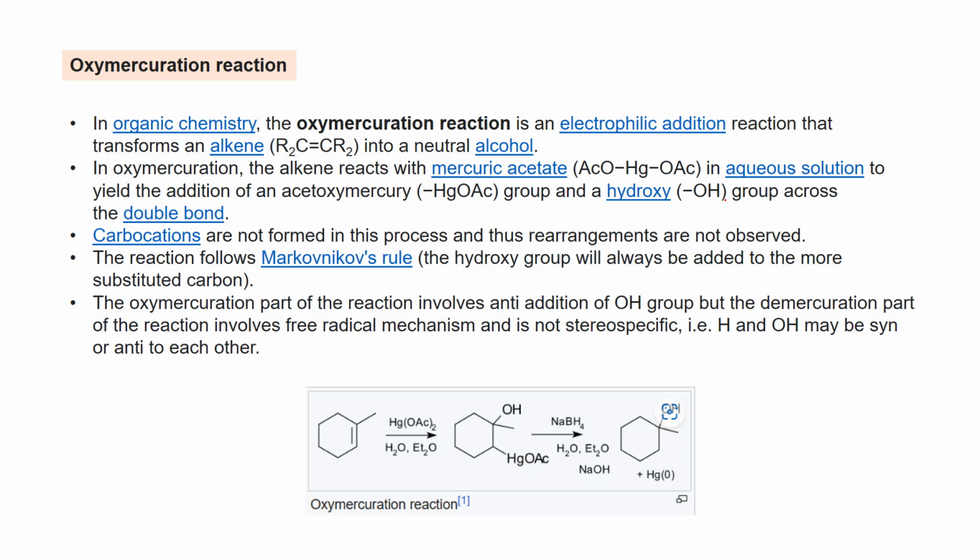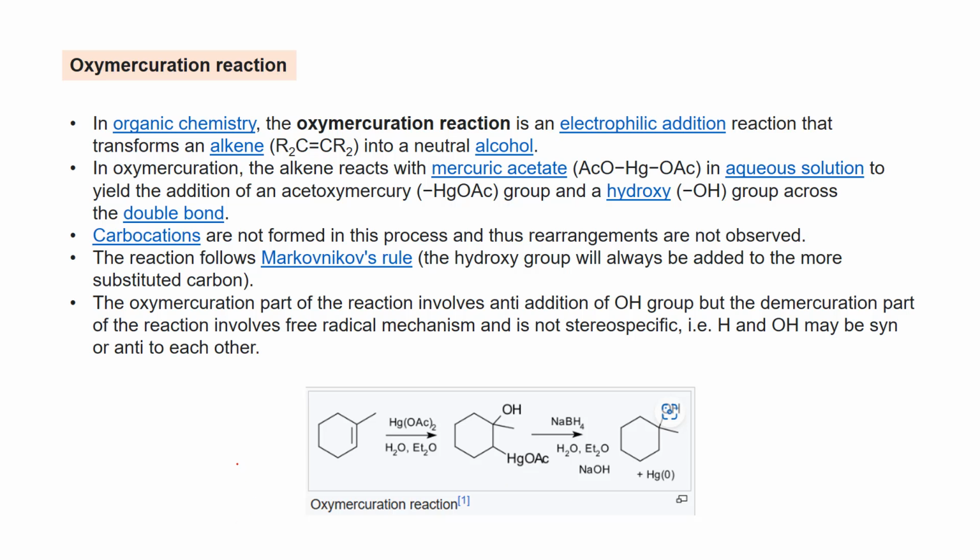Carbocations are not formed in this process and thus rearrangements are not observed. The reaction follows Markovnikov's rule. The oxymercuration part of the reaction involves anti-addition of the OH, but the demercuration part involves a free radical mechanism, and it is not stereospecific as H and OH may be syn or anti to each other.